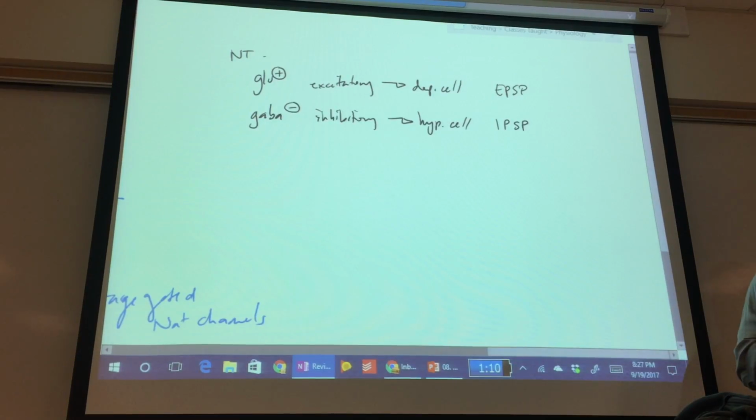If I want to speed it up and make it more excitable, use glutamate. If I want to make it less sensitive, I'm going to inhibit. And you're going to see that these two work hand in hand to modulate what's happening on that neuron, whether I want to make it more excitatory or more inhibitory. So the whole purpose of the action potential is to use sodium and calcium and potassium to trigger and transmit those neurotransmitters.